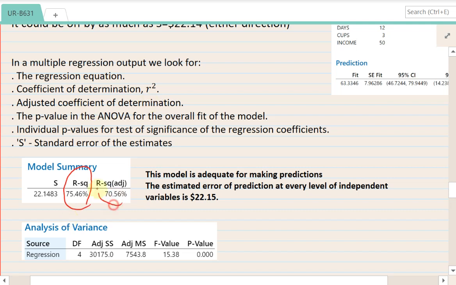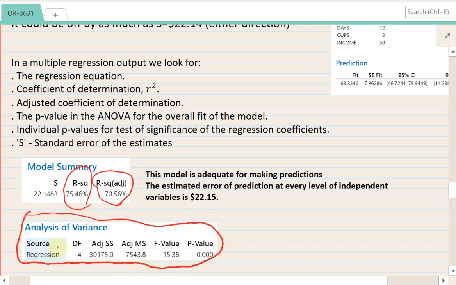Adjusted coefficient of determination, we talked about that one. The p-value of the ANOVA, we actually did that when I talked about the ANOVA, but here I have it down here again, you see that? Analysis of variance, regression. Don't worry about individual parameters.